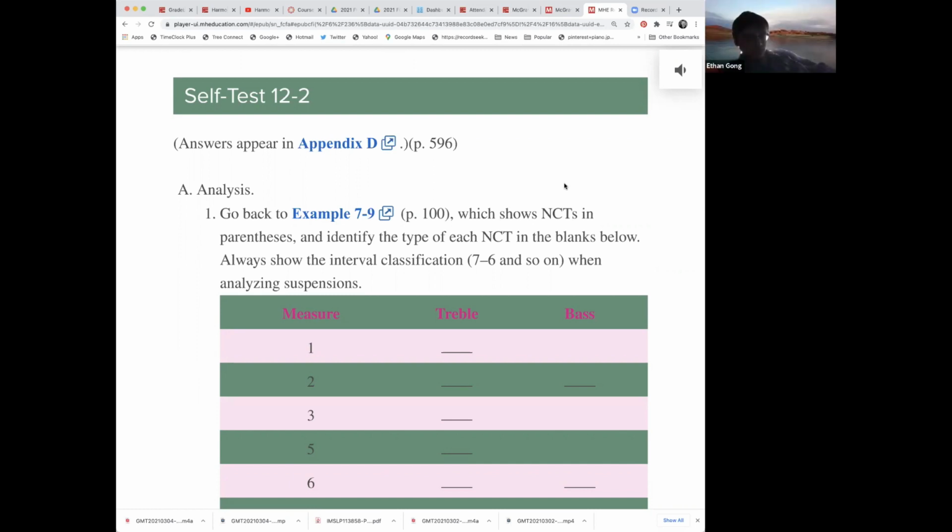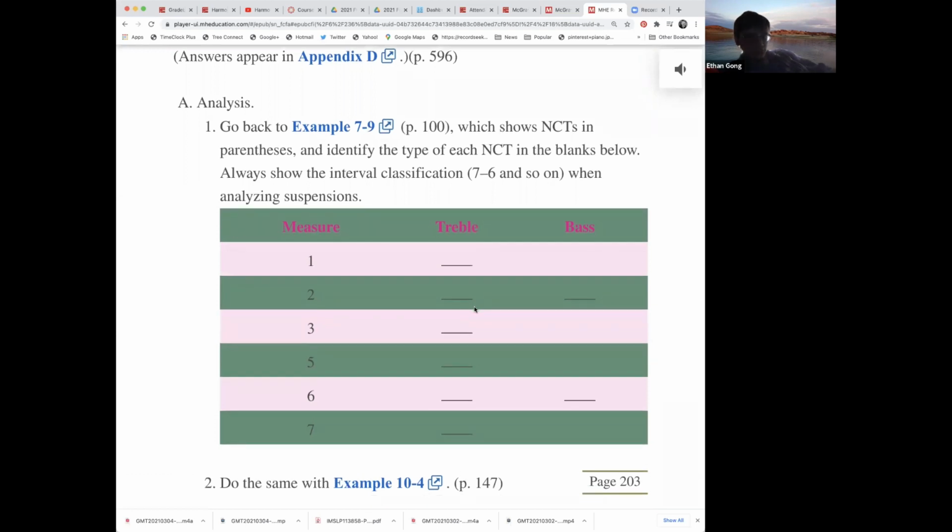Always show the interval classification, 7, 6, and so on, when analyzing suspensions. All right, here we go.